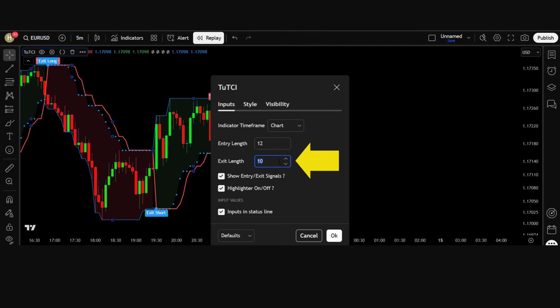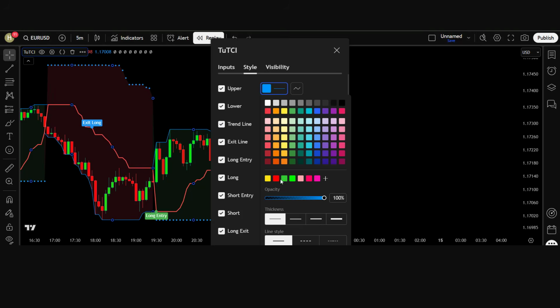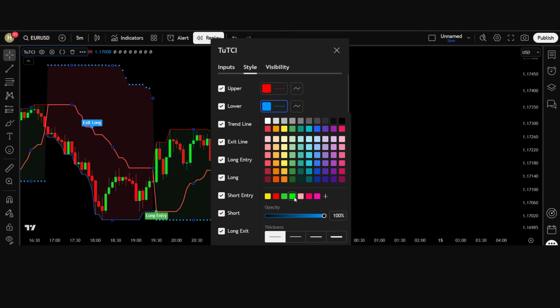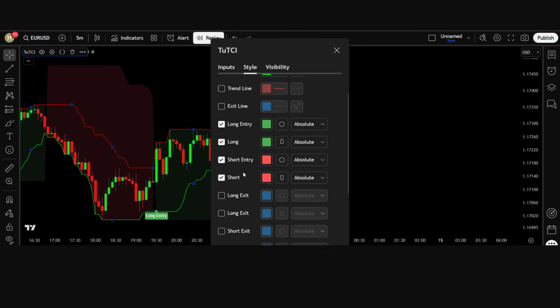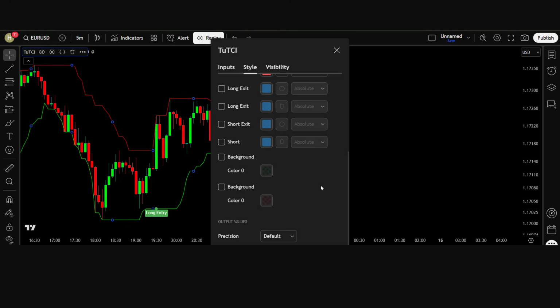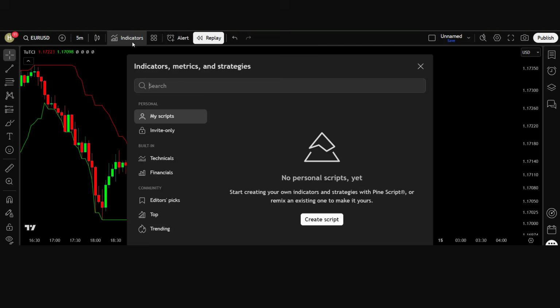Exit length 70 to 10. Go to the Style tab. Hide some option. Click OK. Now, let's add one more tool to make this strategy even more profitable.